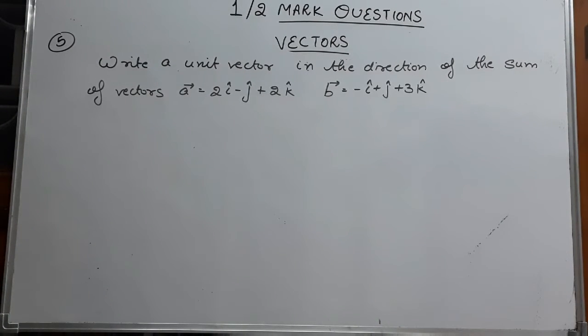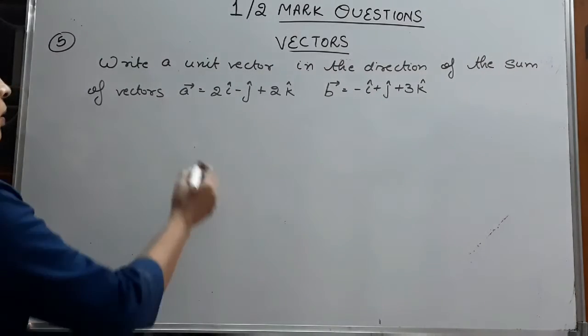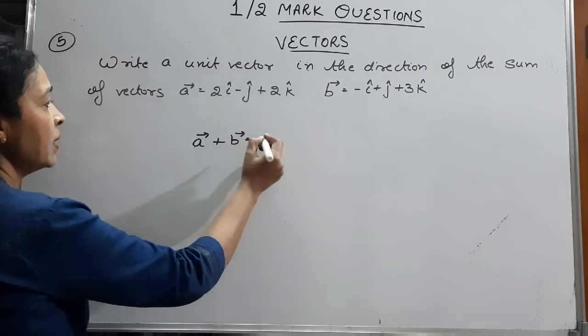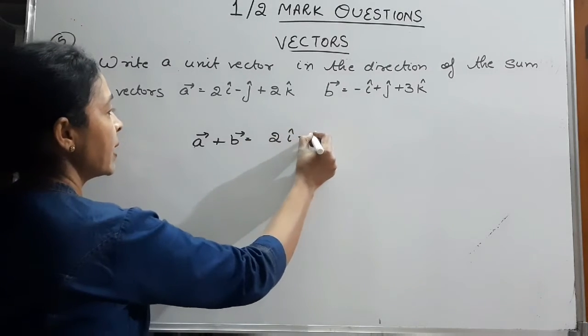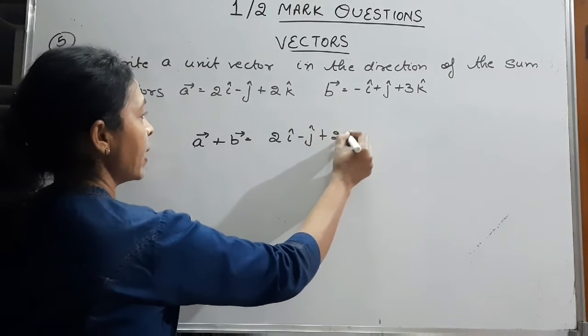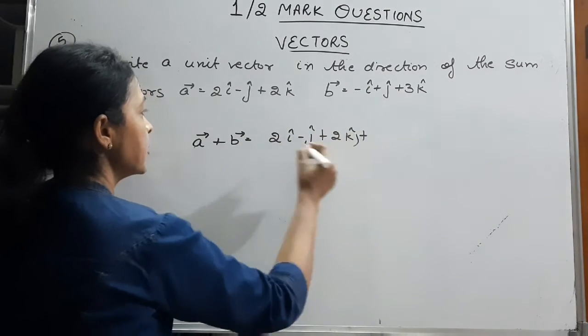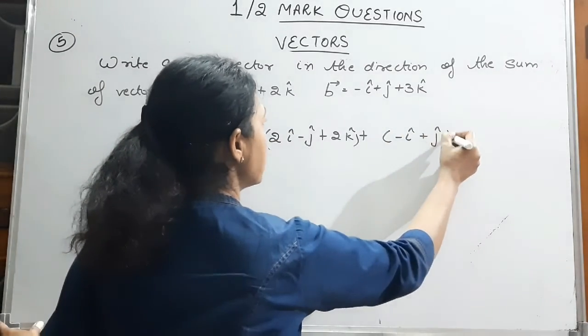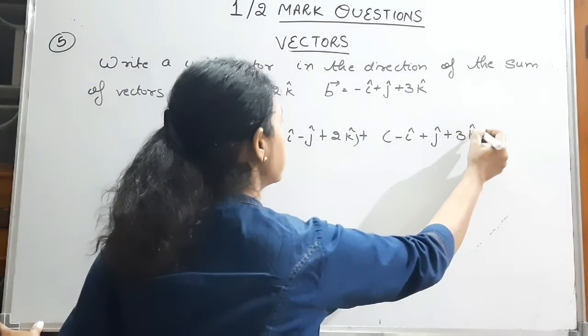Write a unit vector in the direction of the sum of two vectors, vector A and vector B. What do we do? First we will find the sum of vector A and vector B, that is 2i cap minus j cap plus 2k cap, plus vector B, which is minus i cap plus j cap plus 3k cap.